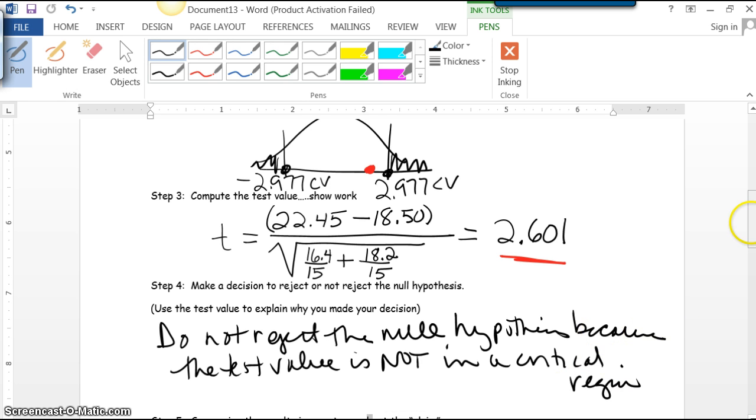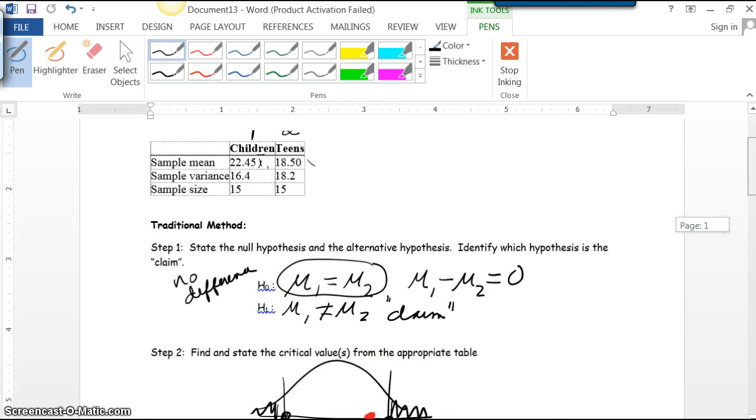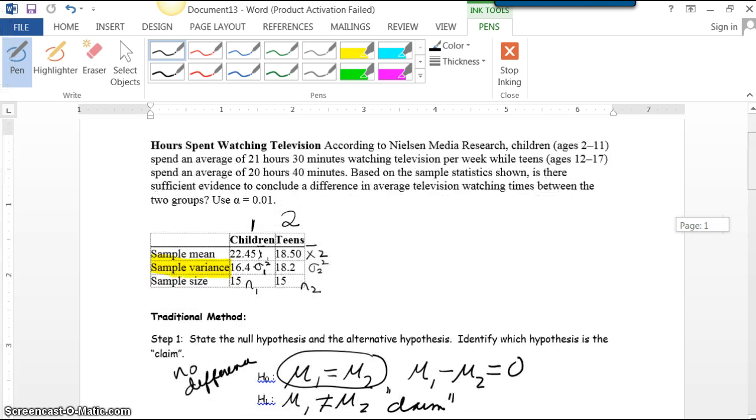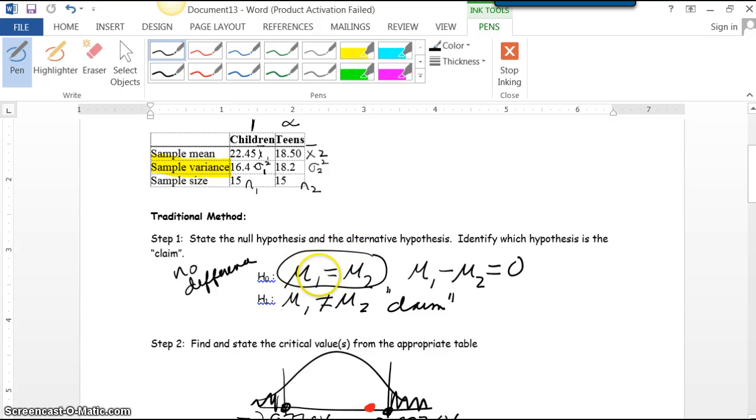We are not able to reject a null. We're not able to say this is incorrect, reject it. So we are not able to say that the alternative is true, and so we are not able to support this claim. We can't reject the null. If we could have, we would have been able to support this claim, but we can't.